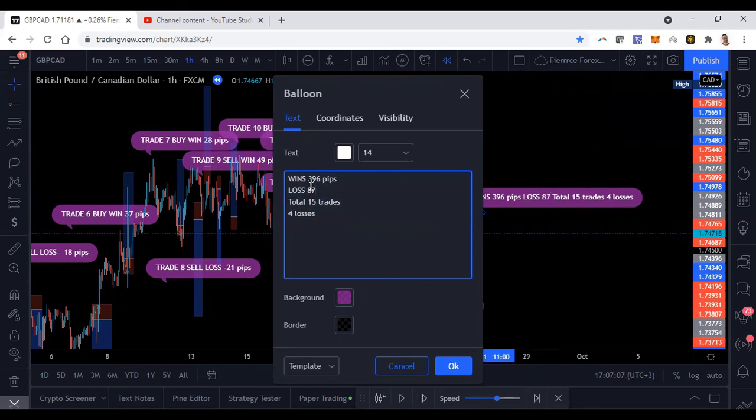So that's a total of 309 pips net gain. Now, if you're gaining around 309 pips, in terms of net gain, guys, that could be $30, that could be $300, that could be $3,000 in a month.